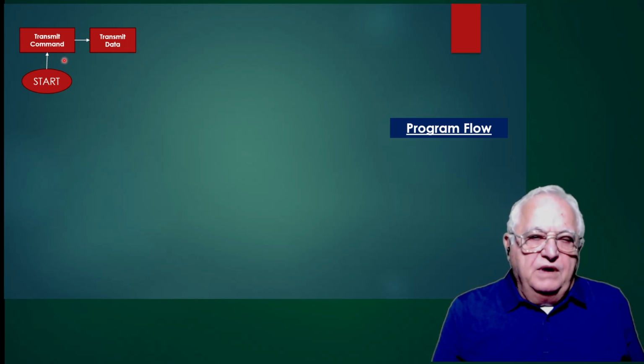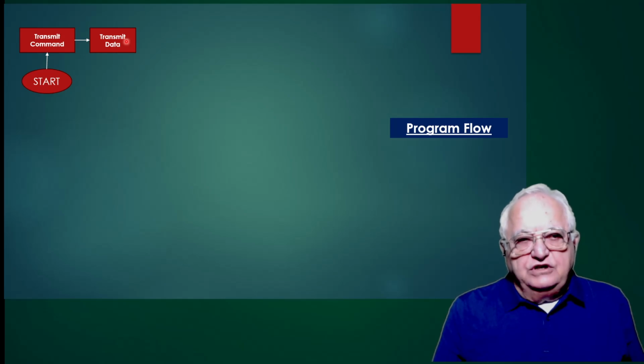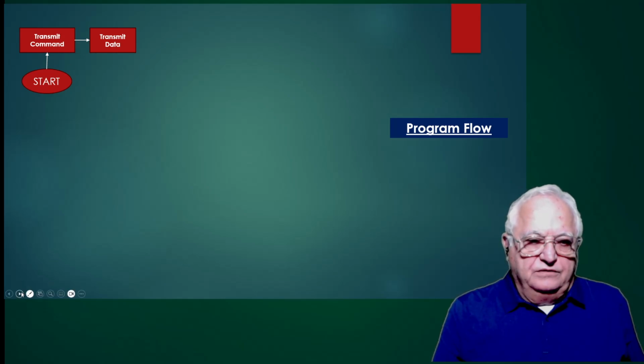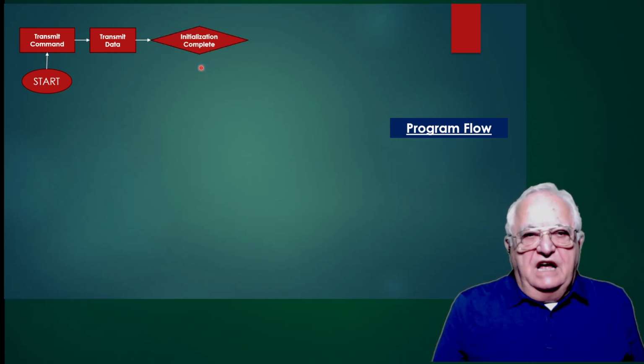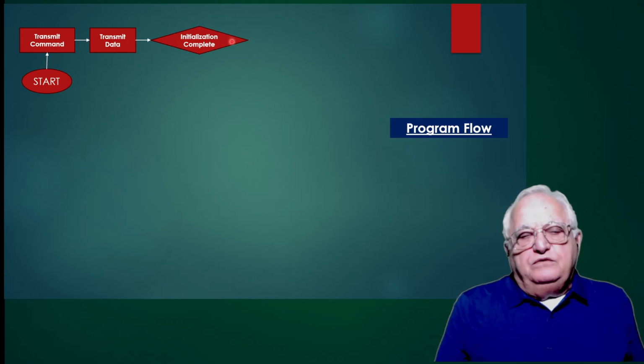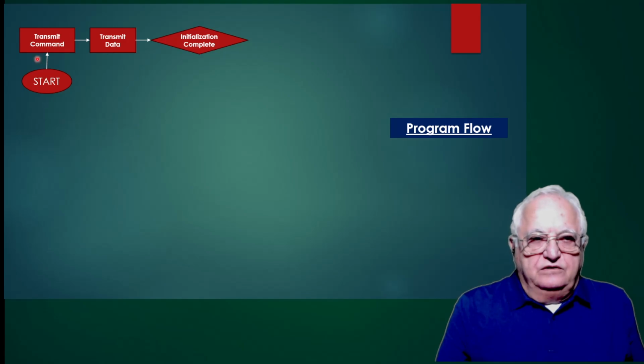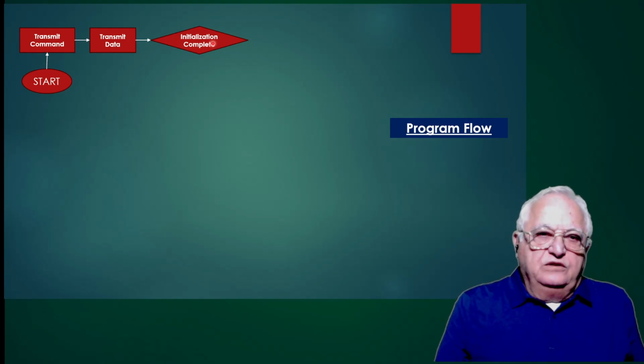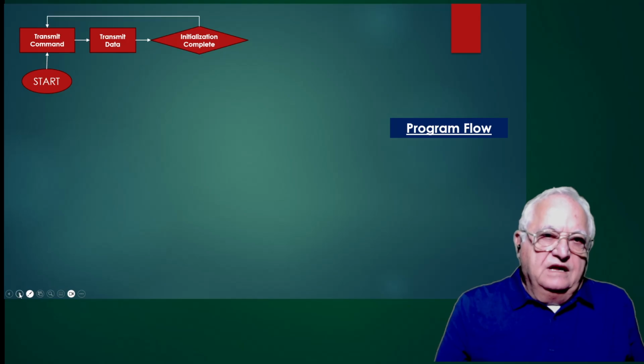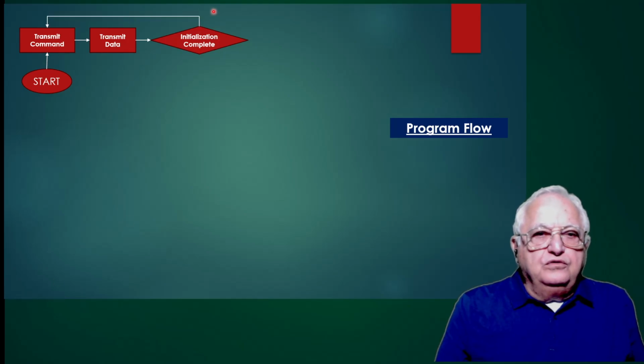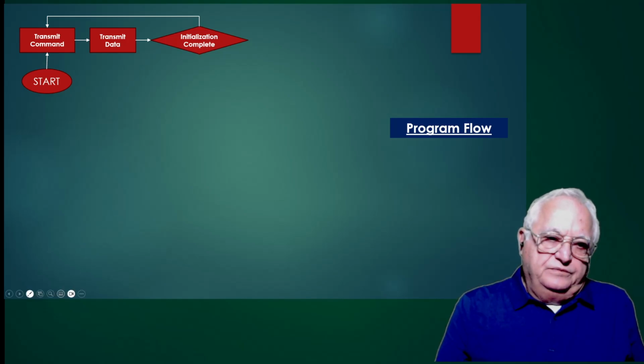Every time we have a command, we have data associated with that command that follows. Then, as we're starting our program, the first thing we have to do is initialize the display. So we send commands and data to initialize the display, and we continue to do this till we've completed the initialization.